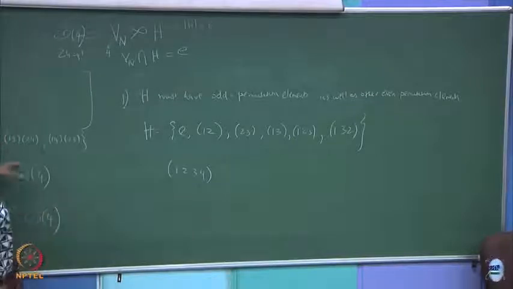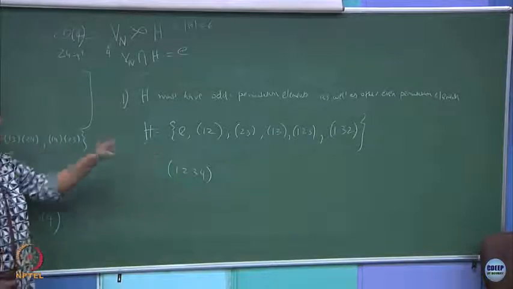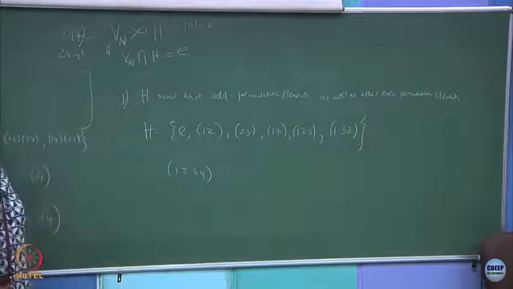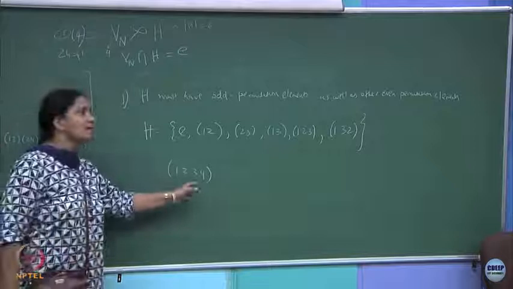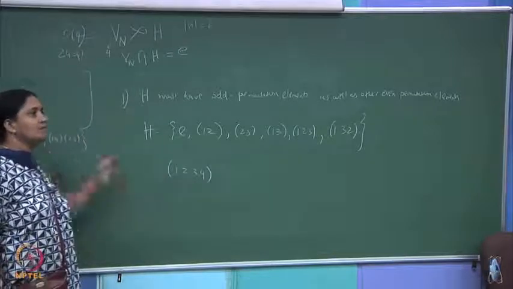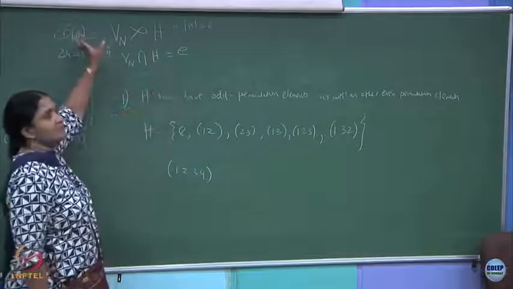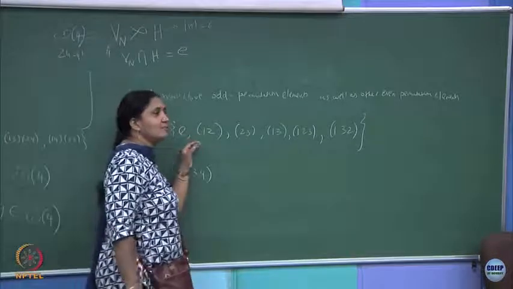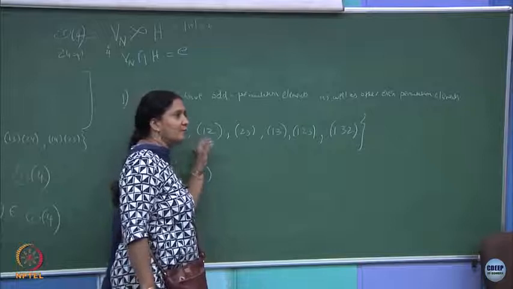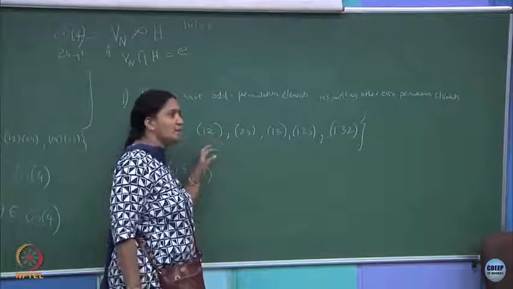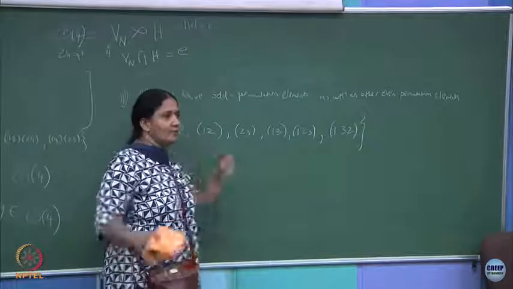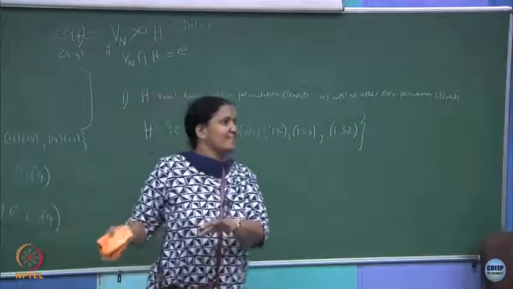You have to pick one element from here, pick one element from there such that the product will give you 1 2 3 4. Okay. So, just check at random and see whether you can also generate the, you have to get all the 24 elements. This is definitely a subgroup. Symmetric group of degree 3 is a subgroup of symmetric group of degree 4, where you do not touch the 4th object, right.